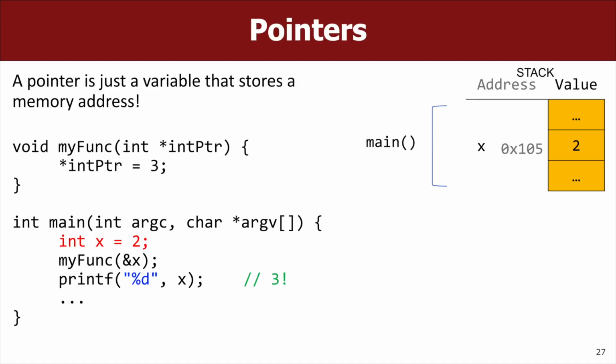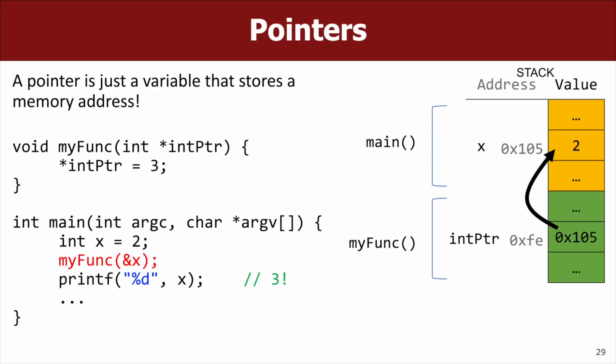Then when we call myfunc and we pass in the address of x, more stack space is made for myfunc, and the parameter int_pointer is initialized with the value again of the address of x. So int_pointer lives maybe at some address that I again just made up, 0xfe, and it stores the address of x, which is 0x105. This means that it points to, using this arrow, the memory that stores 2.